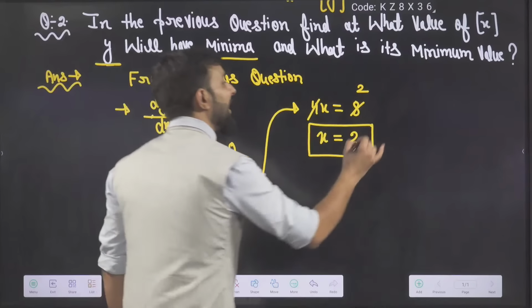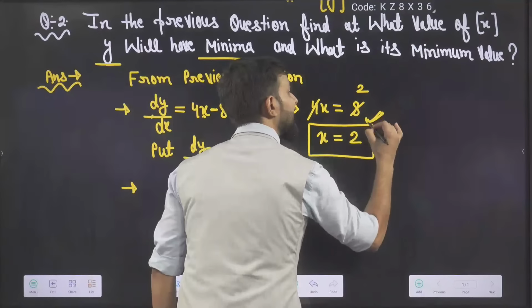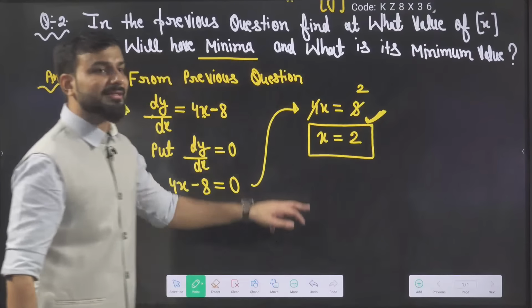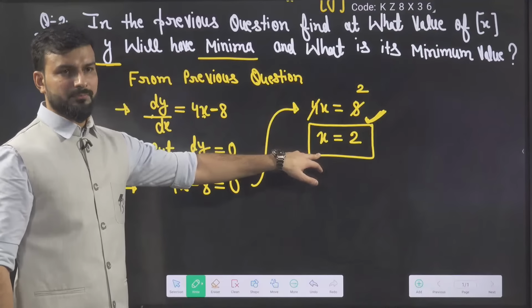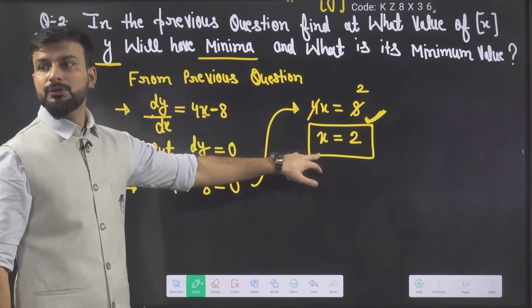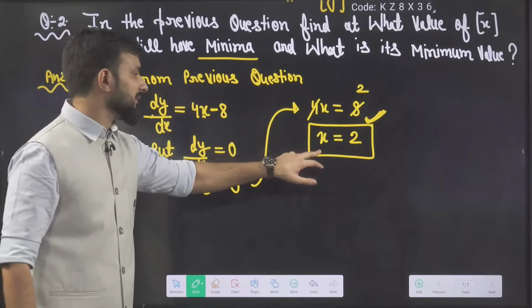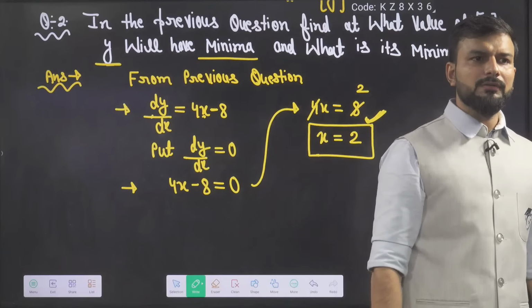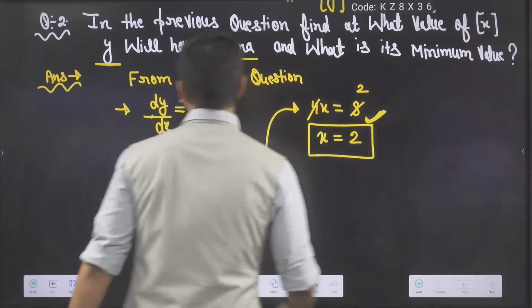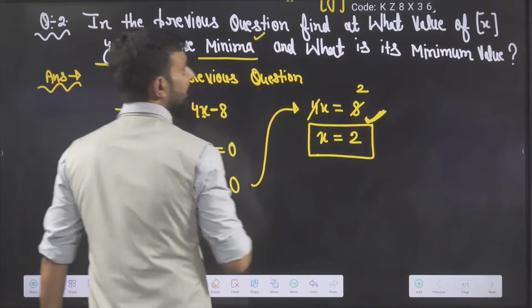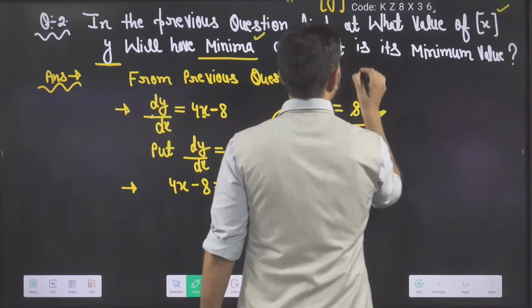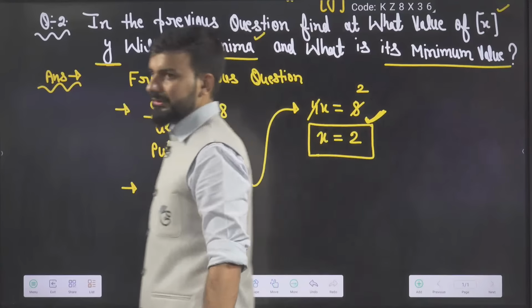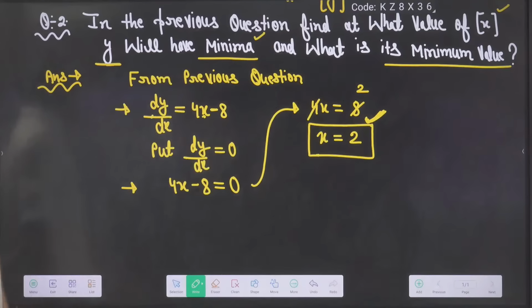What is the value of x? 2. This is the value of x where y will have minima. So the first part is done: at what value of x you will have minima. But what is the minimum value now? That is the question. How will you find the minimum value?